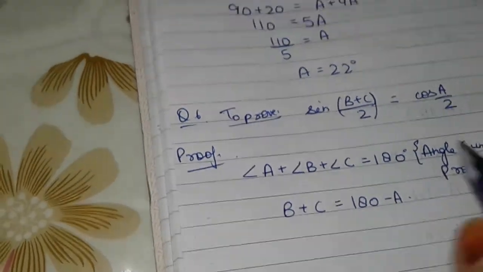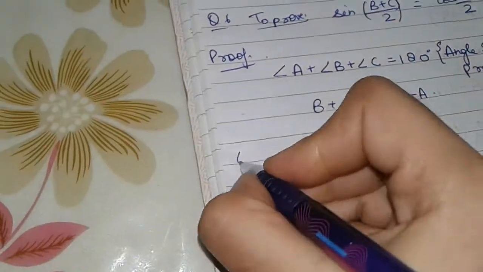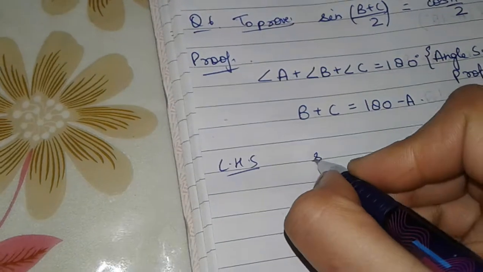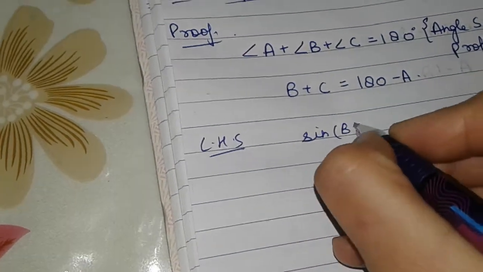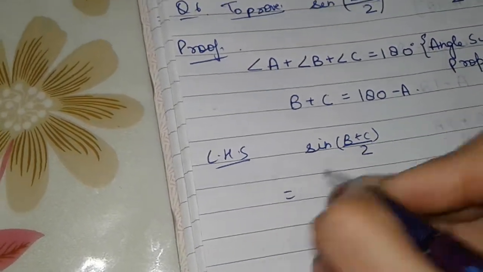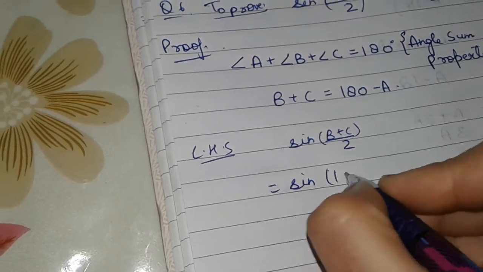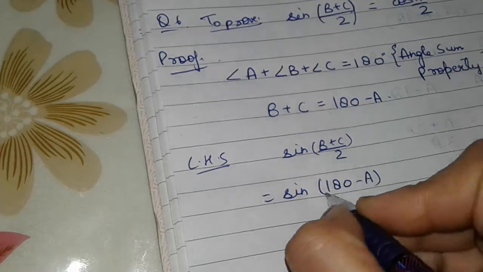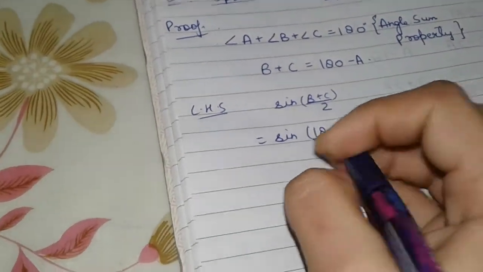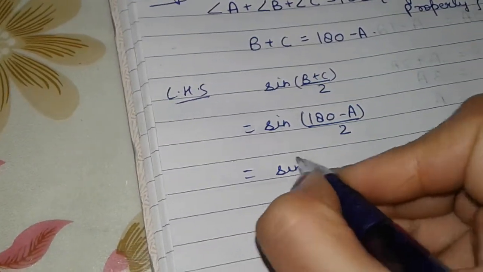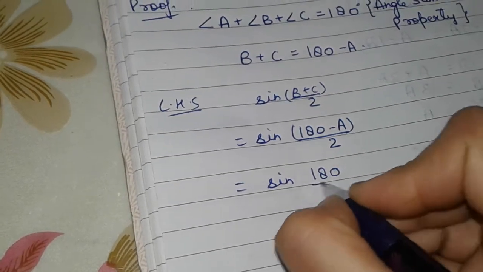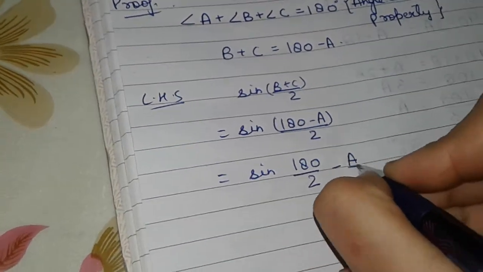Now take the left hand side from this. Left hand side is sine of (B plus C) upon 2. Now this B plus C will be written as 180 minus A upon 2. Now it will become 180 upon 2 minus A upon 2.